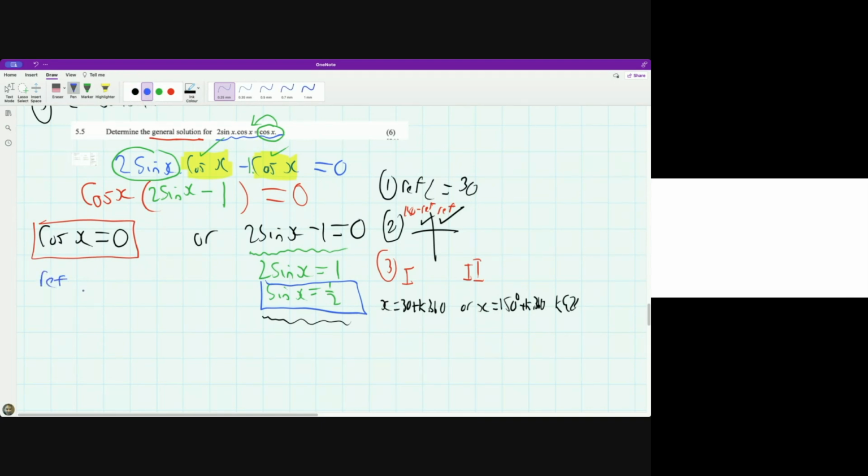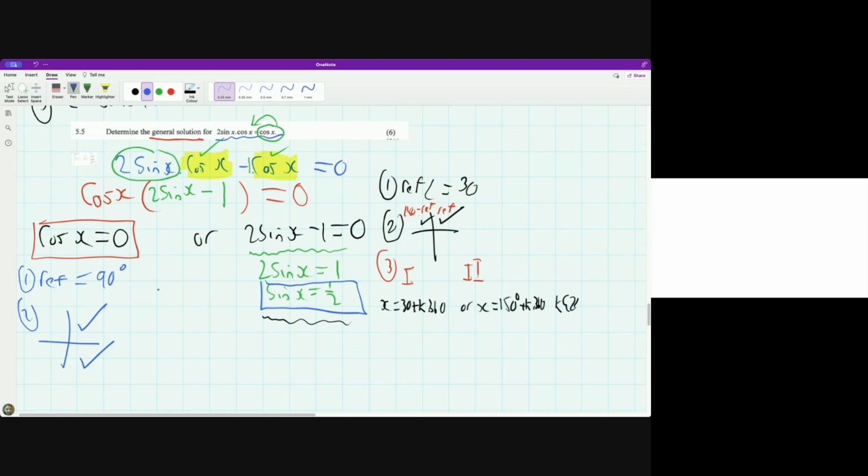If you put this in your calculator and you go shift cos 0, your reference angle is going to be 90, right? So for this one over here. Now for step 2, because it's actually on the thing in between, you can think about, okay, there's two places where it's going to be equal to 0. You can just assume it's positive, in which case it's here and here.